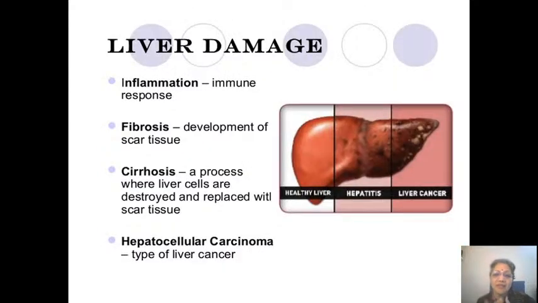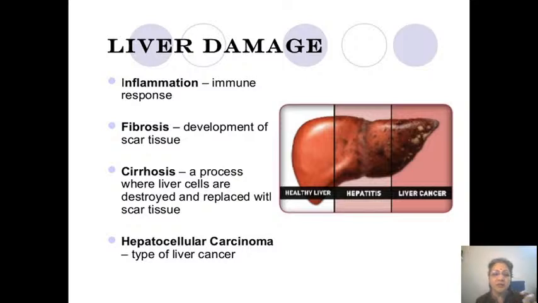The way the liver responds could be as an immune response and inflammation, could be development of scar tissue, fibrosis of that reticular tissue which we saw in between cells, could be cirrhosis. What cirrhosis is, is that the hepatocytes are getting destroyed and new hepatocytes are not forming to replace them but are being replaced by scar tissue.